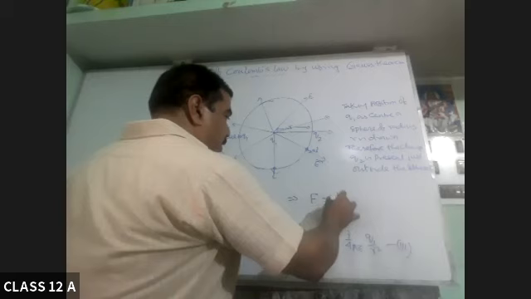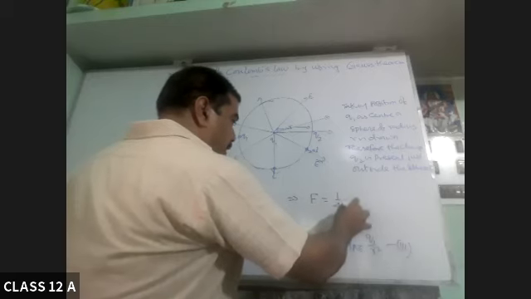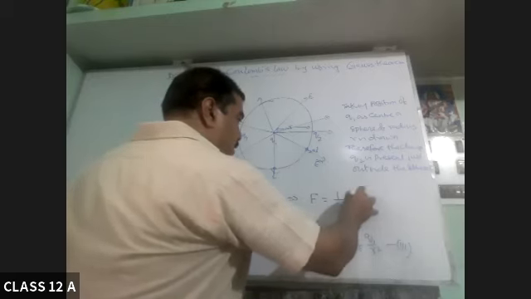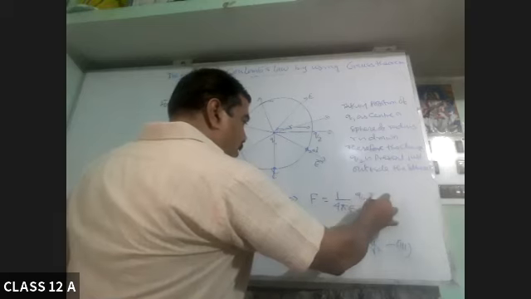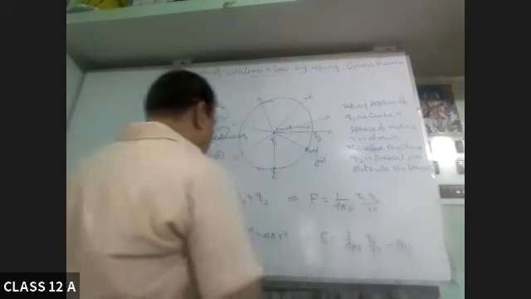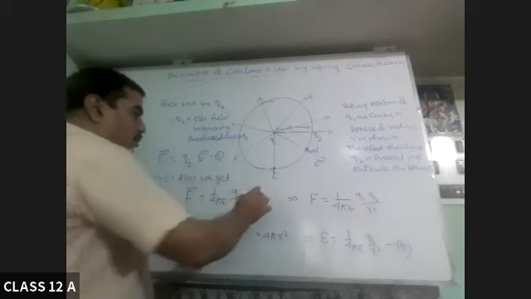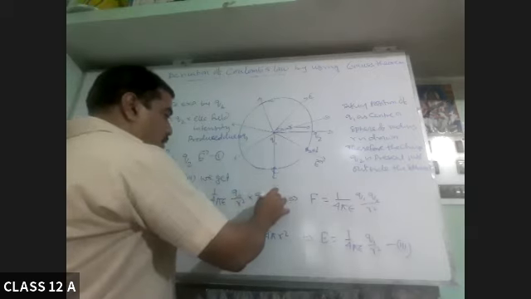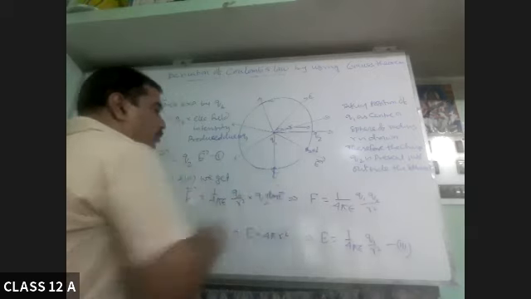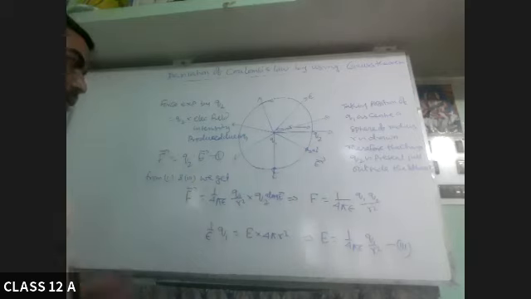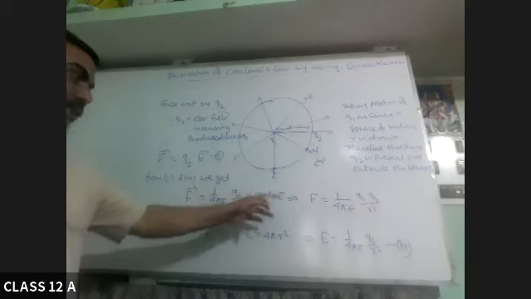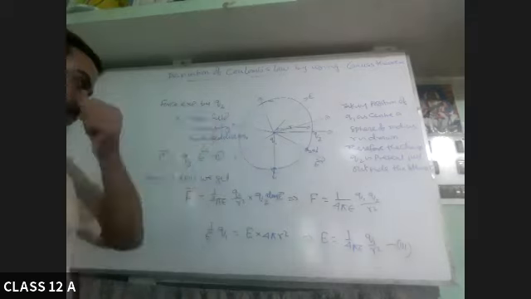So this F is 1 by 4 pi epsilon, that is a constant, times q1 q2 over r square. This is along E, we can say. If both are positive or both are negative, then it is along E, whatever the direction of E will be.